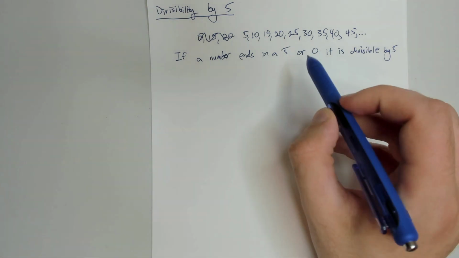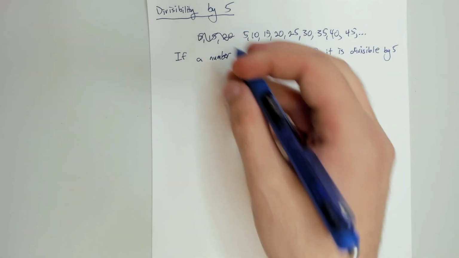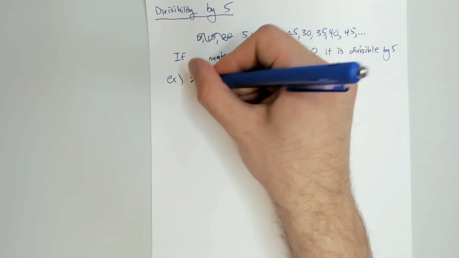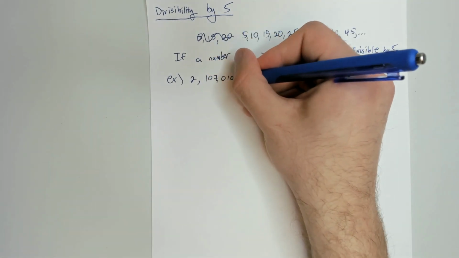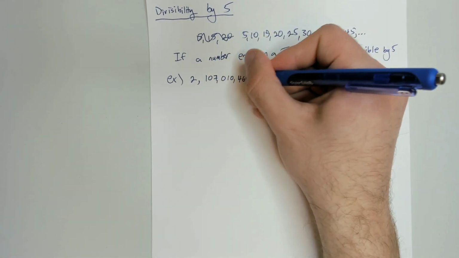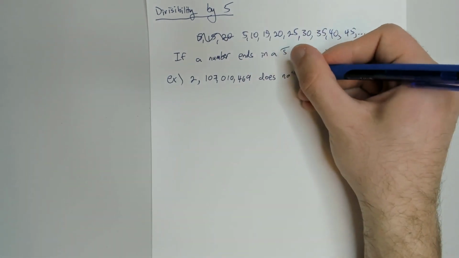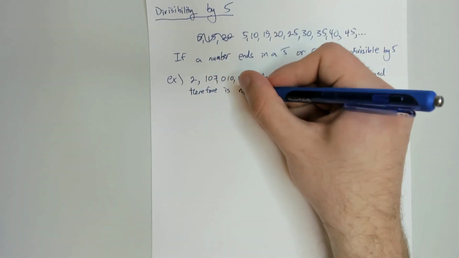It's as simple as looking at the number it ends in and then we know it's divisible by 5 or not. So for example, 2,107,010,469 does not end in a 0 or 5, and therefore is not divisible by 5.